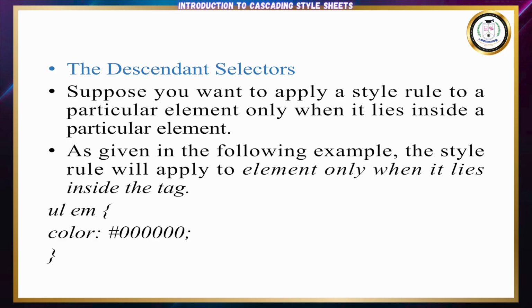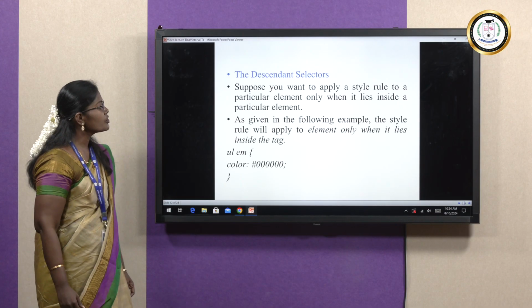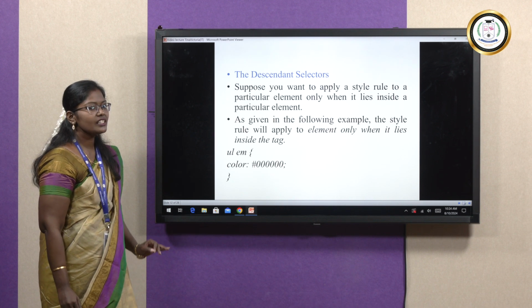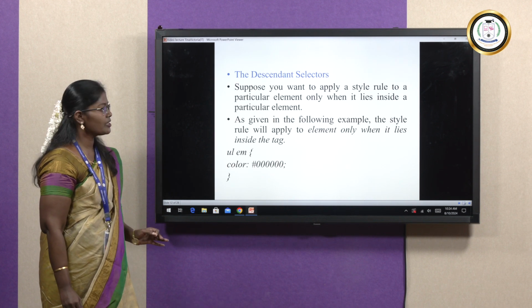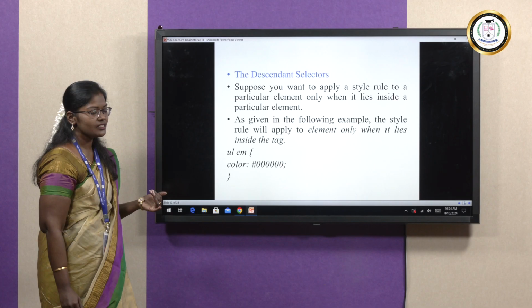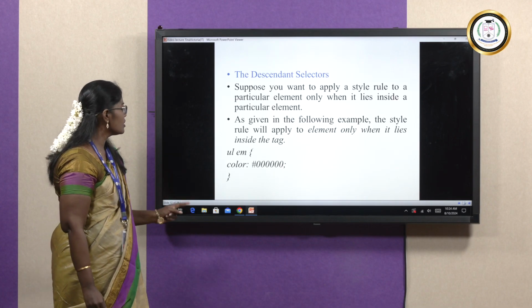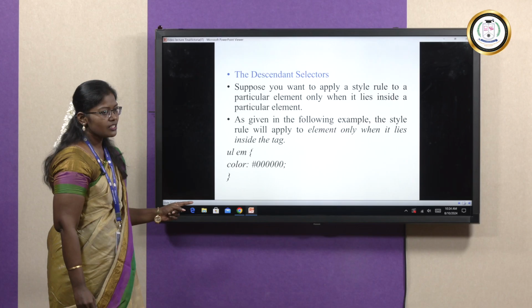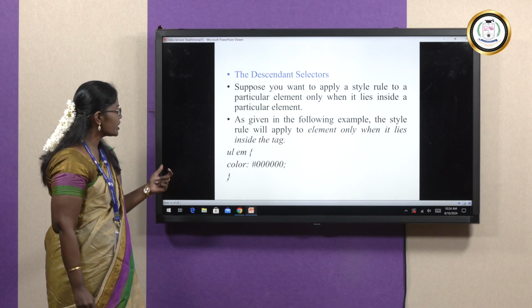Next is the descendant selector. Suppose you want to apply a style rule to a particular element only when it lies inside another element. So if you want to style one element inside another element, you can use the descendant selector. For example, here ul em with color #000.